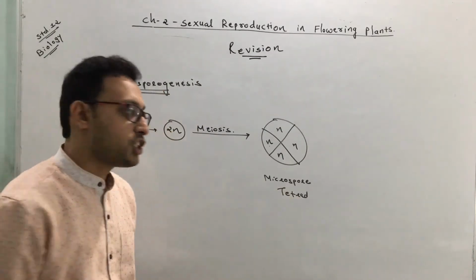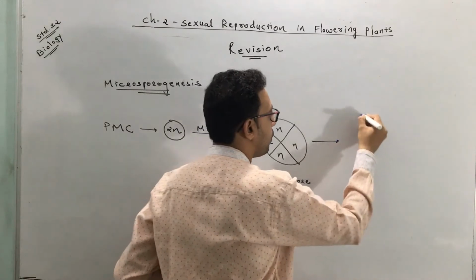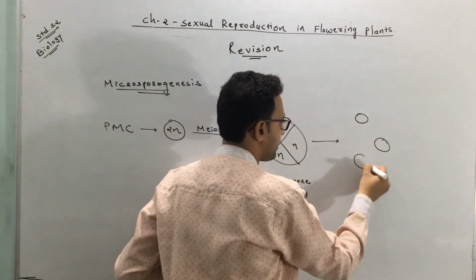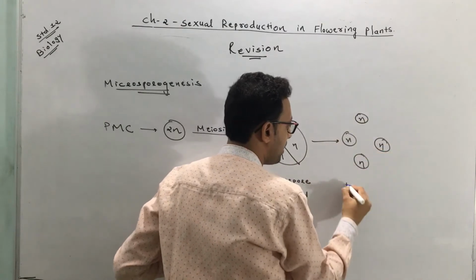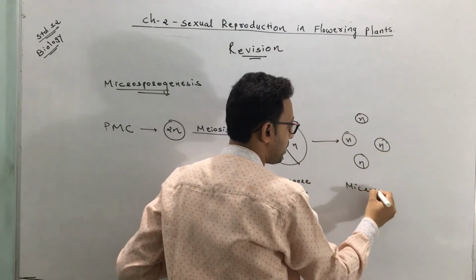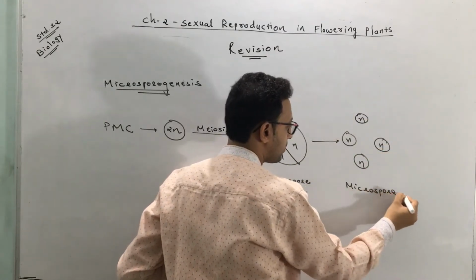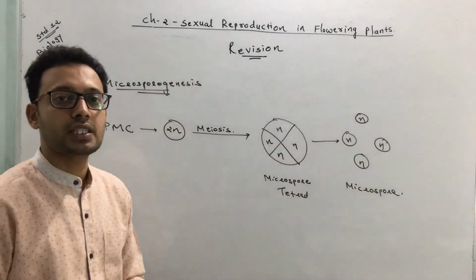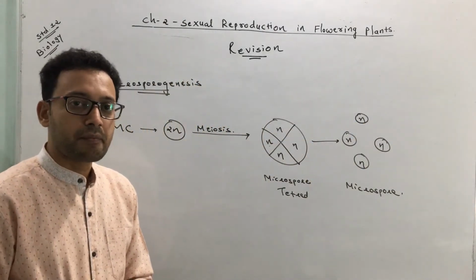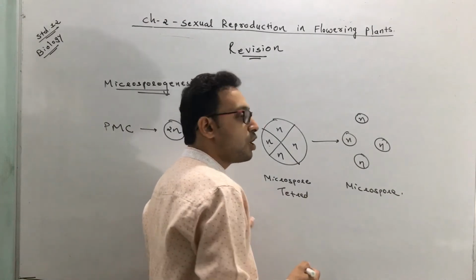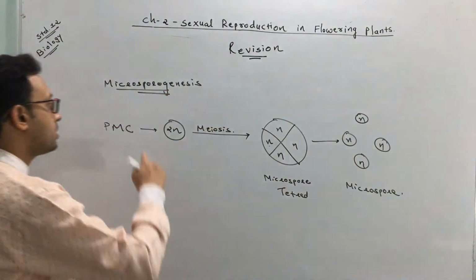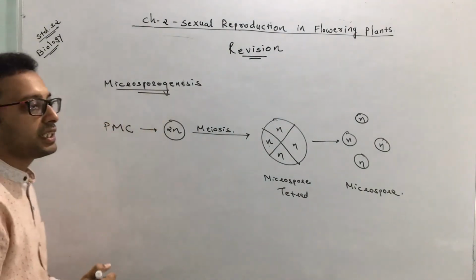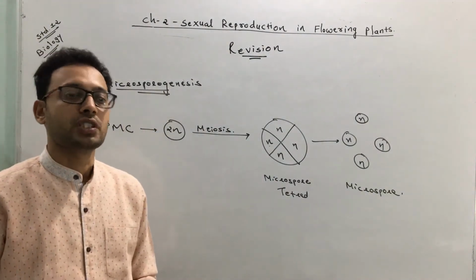When it becomes mature and dehydrated, all the cells become separated. Each one we can now call a microspore, or you can also call it a pollen grain, and thus microspore formation occurs. The process of formation of this microspore is called microsporogenesis.